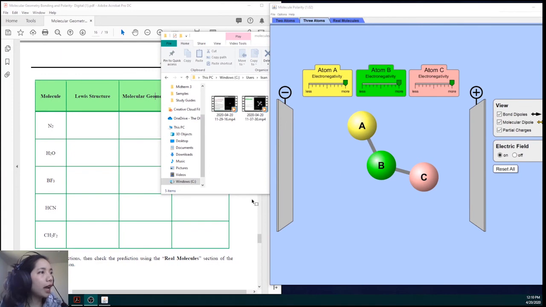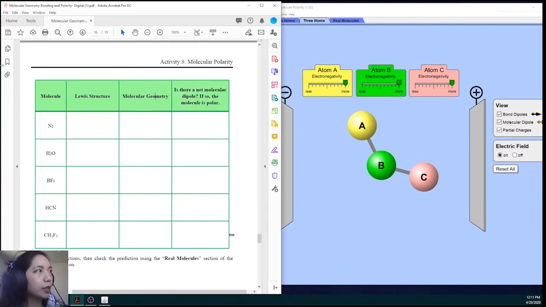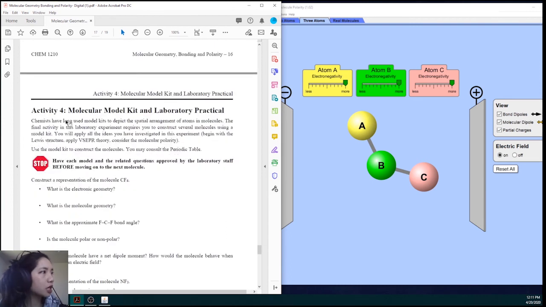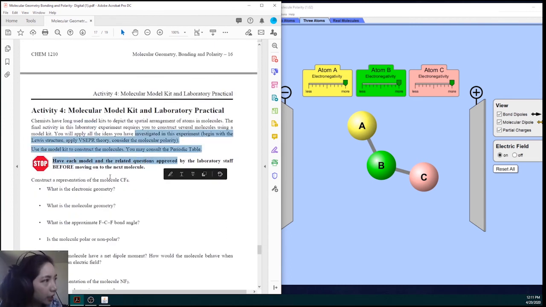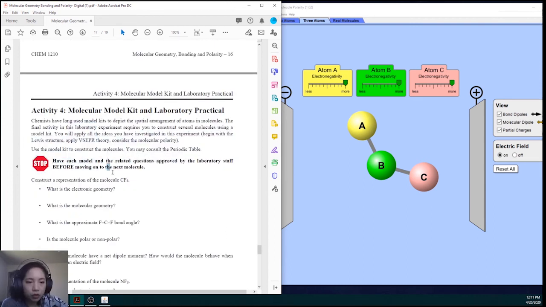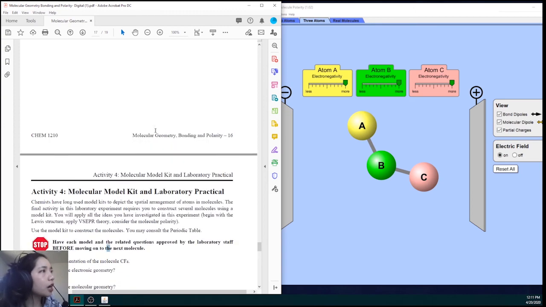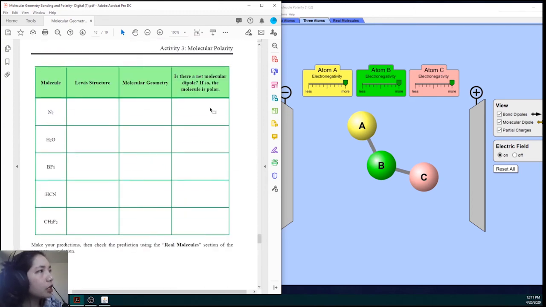Okay, so the last part of this lab is to fill out this table using the simulation, and then there's some questions here using a kit. So you'll just have to do this on your own time to represent these different compounds. So let's just fill out this table first.